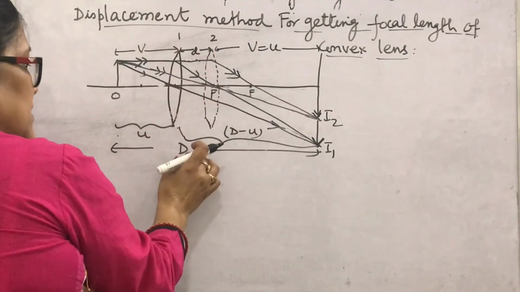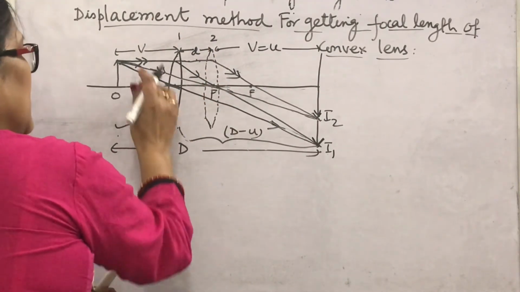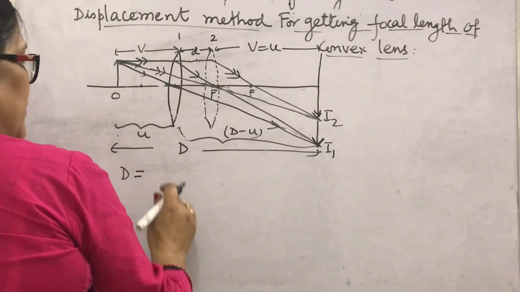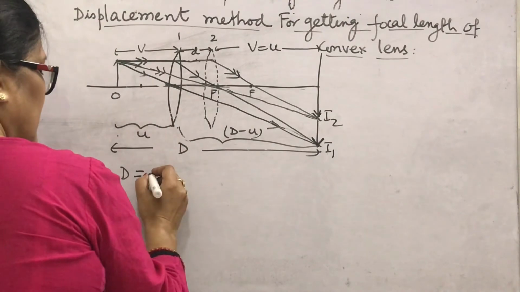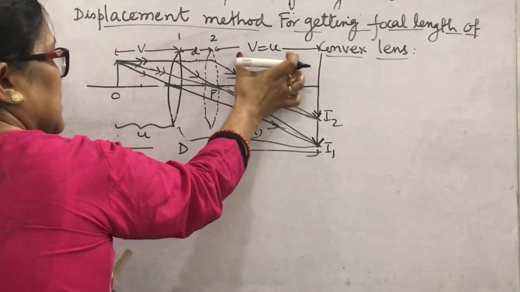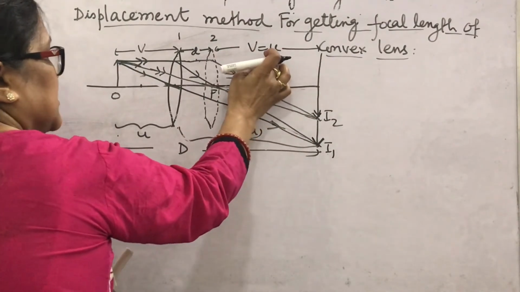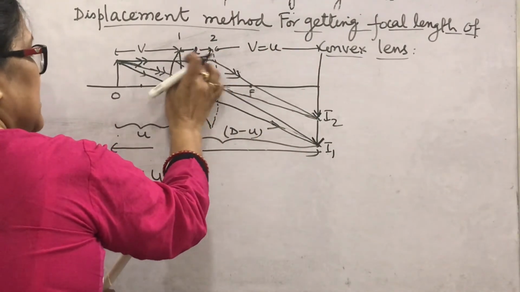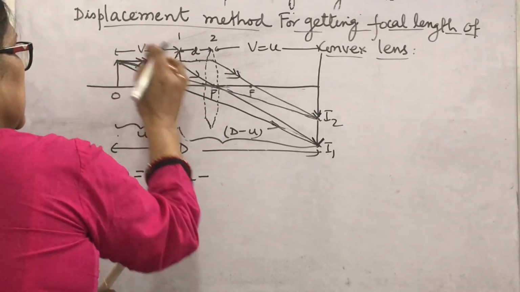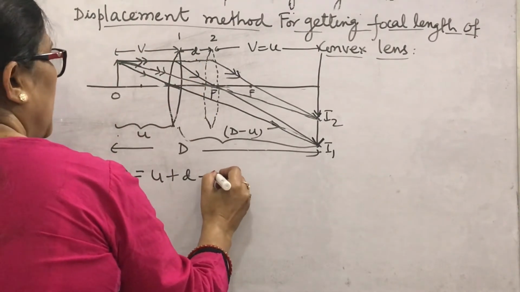If you write this D, then D can be written as made up of u, this one from this to this is u, this is d, and this is u.